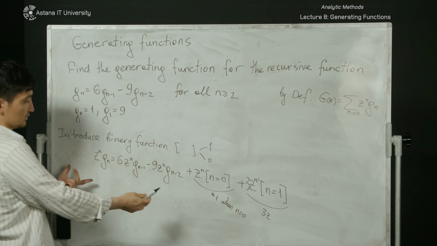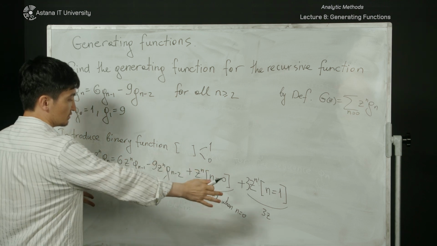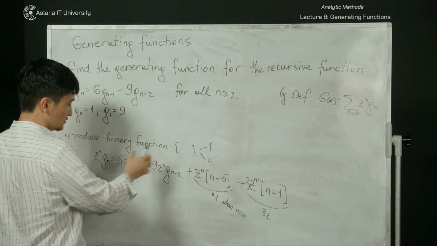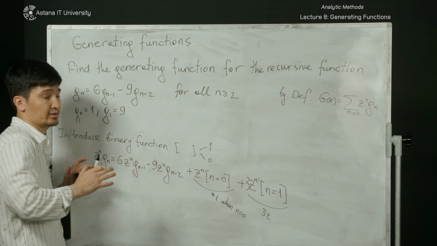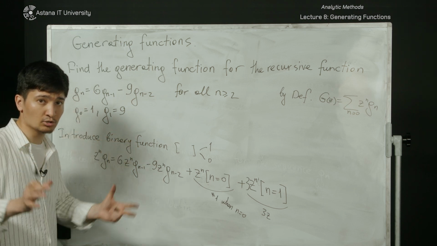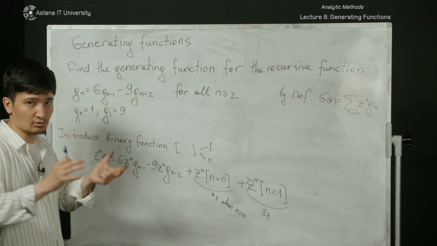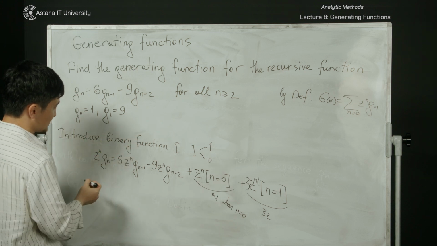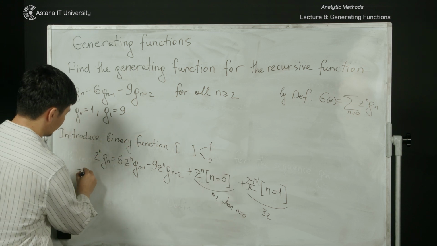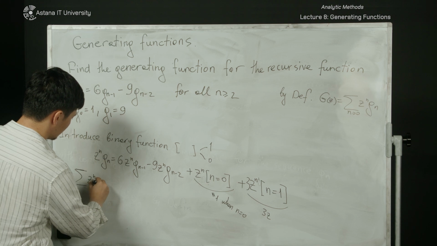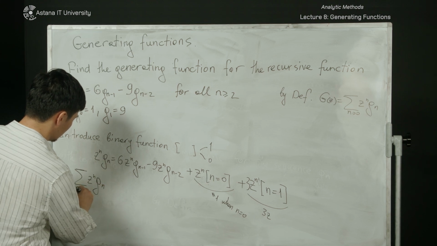What I can do now is take the sum over all the values of n on both sides. So remember that we're considering gn as a sequence. But if we want to consider all of the terms of the sequence, or add them all up, then we need to express it as a sum. So basically I will write the sum of z to the power of n gn.